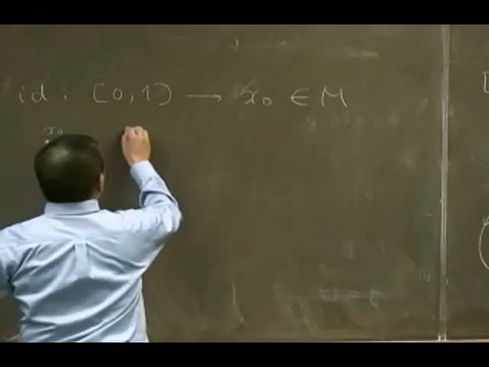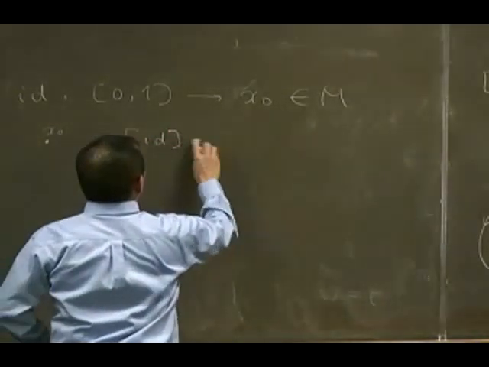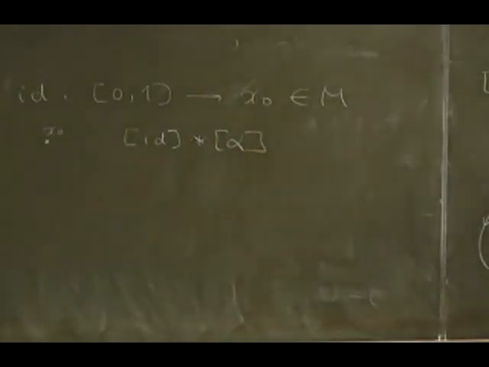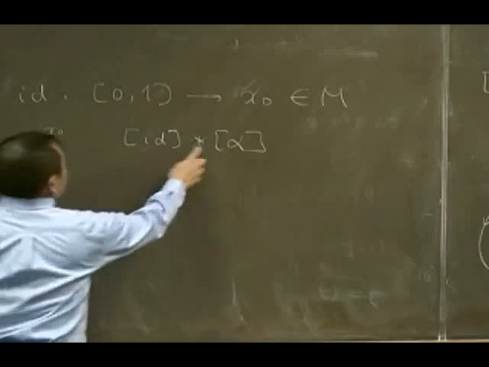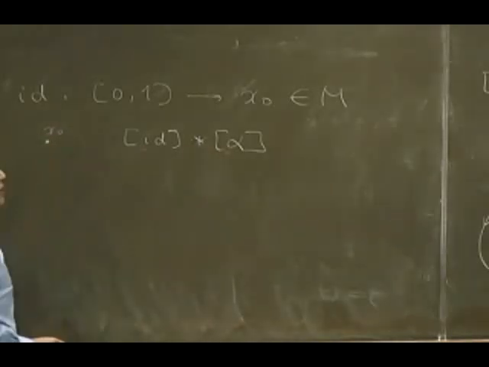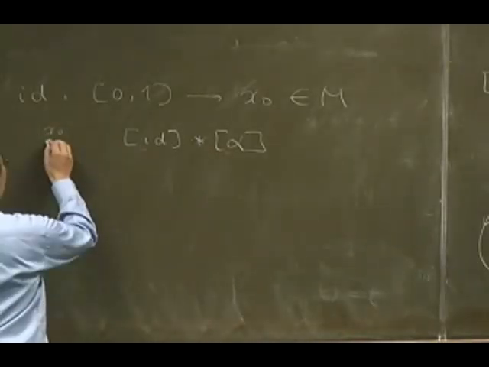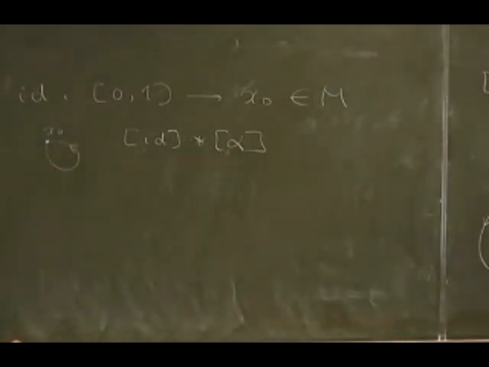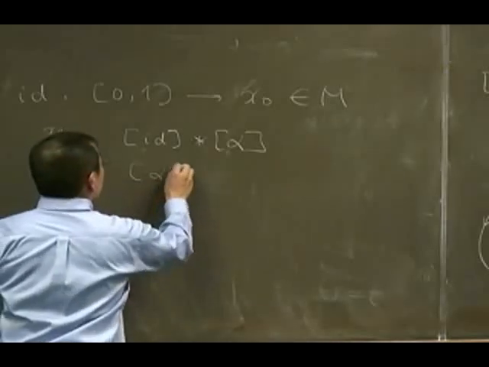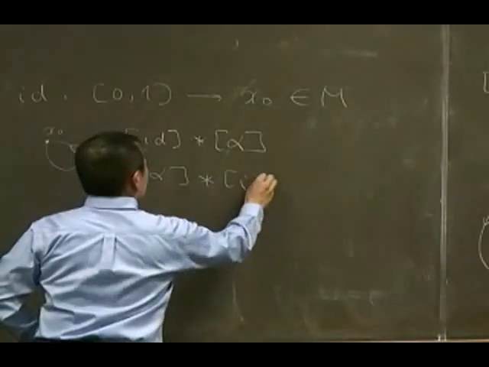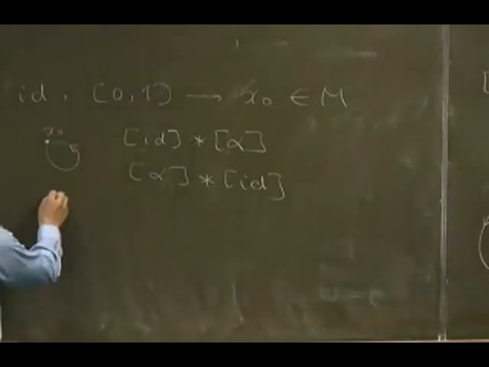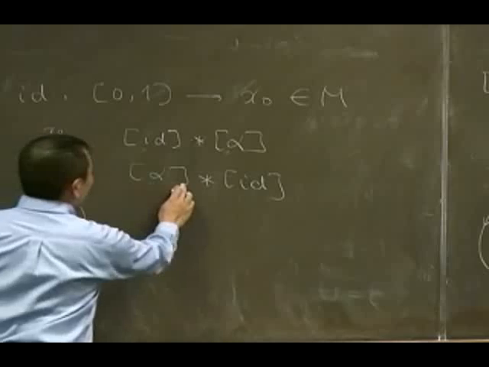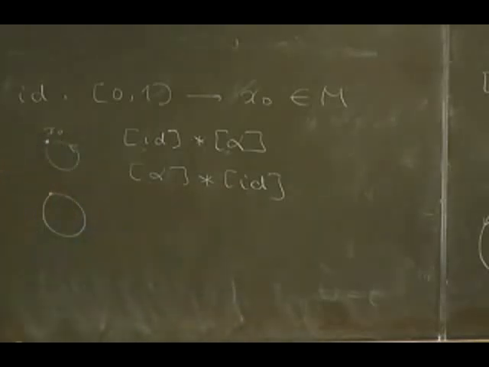Suppose I multiply this identity by some other loop in this order: you sit here for a while, and then by the time you come here, you go around alpha. You can also do the other way around: you first go around alpha, and then you sit here for the rest of the time.